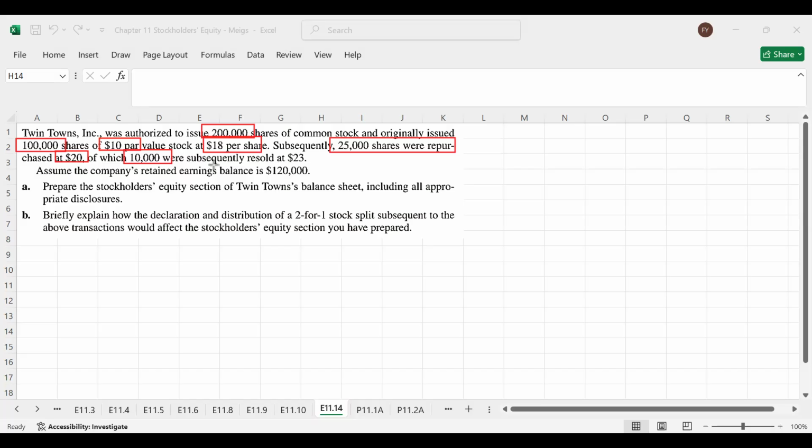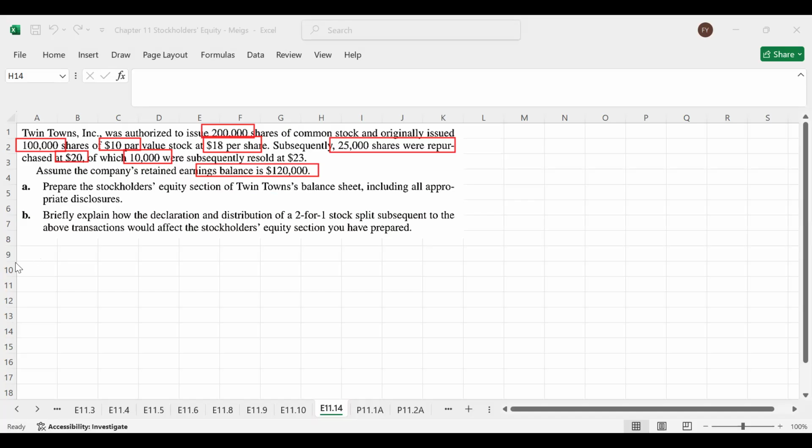So the company's retained earnings balance is $120,000. The first requirement is to prepare the stockholders' equity portion of the company, including all appropriate disclosures.